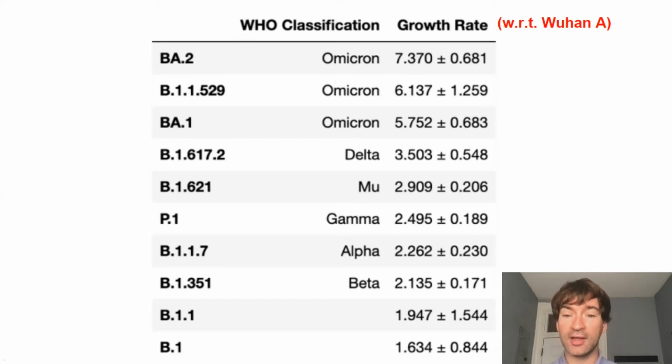So for example, Alpha and Beta have a relatively small fitness effect over the original Wuhan A variant, whereas Delta has a substantially larger growth rate advantage. And finally, some of the most recent Omicron variants have the largest growth rate advantage observed thus far. And those, of course, are the variants that have dominated the recent phase of the pandemic. So this is nice to see because it recapitulates what we would have expected to see.